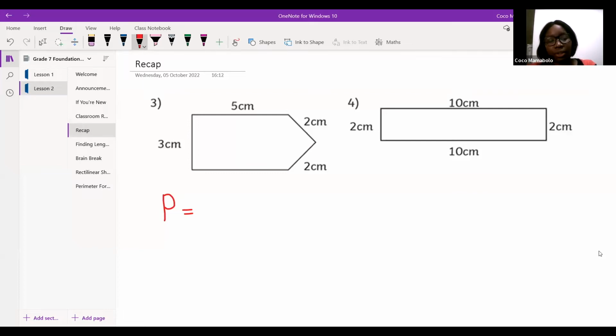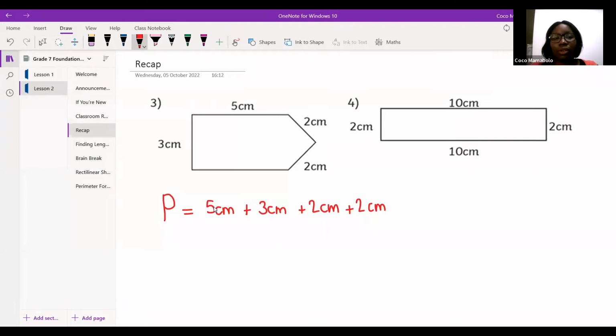P is equal to 5 centimeters, plus 3 centimeters, plus 2 centimeters, plus 2 centimeters. Good. Therefore, our answer is 12 centimeters.